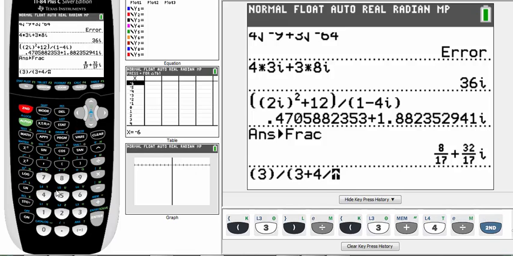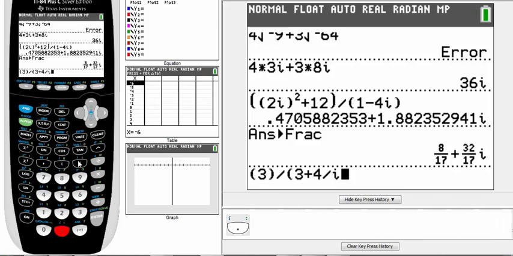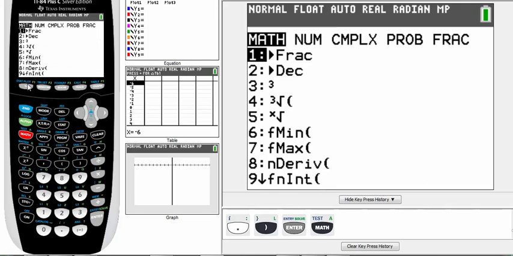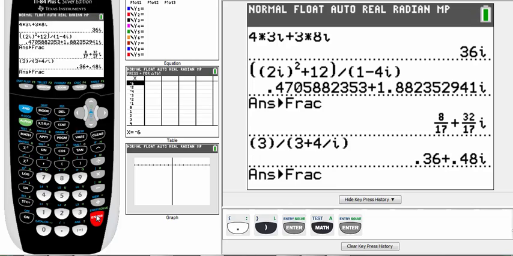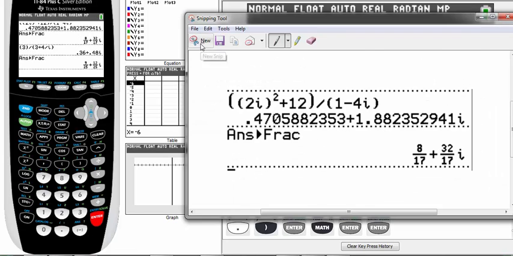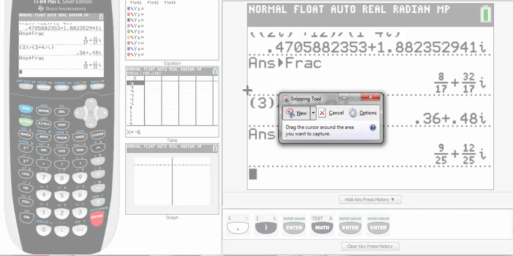Now i is, remember, the second above the decimal, close parenthesis. Now I'm thinking we're going to get some ugly decimals here. No, they're not too bad, 0.36 and 0.48. And we can convert them, Math, Frac is our first option, so either hit 1 or Enter, and then execute the command. And I believe this matches with what we had for our solution.